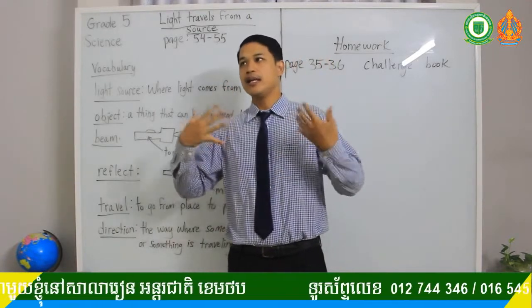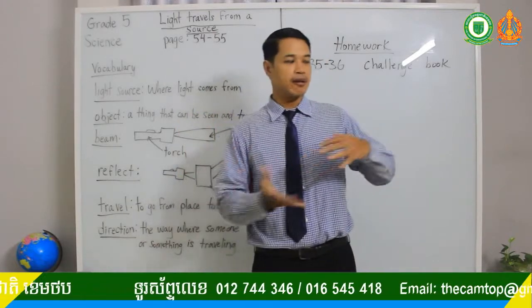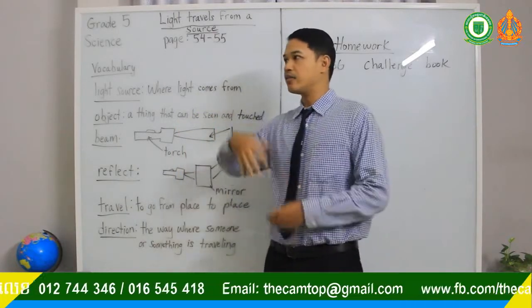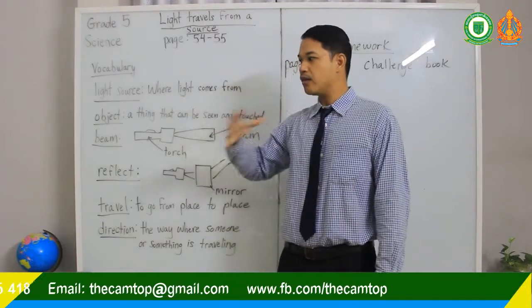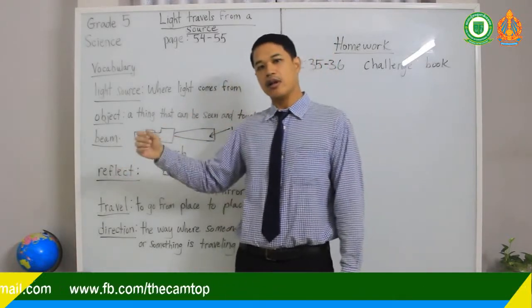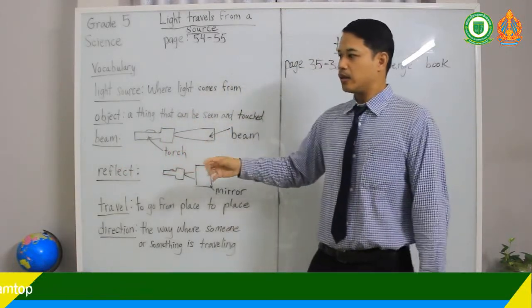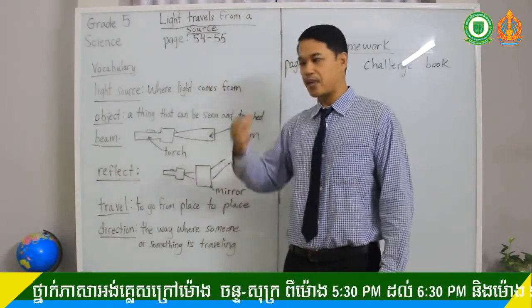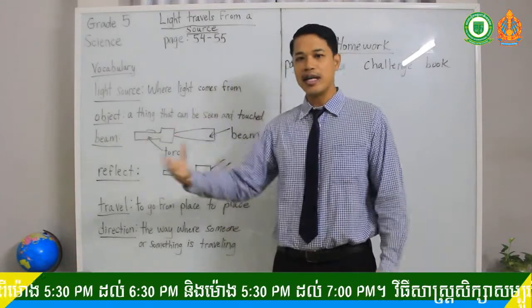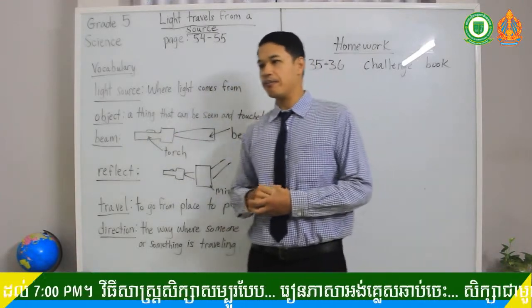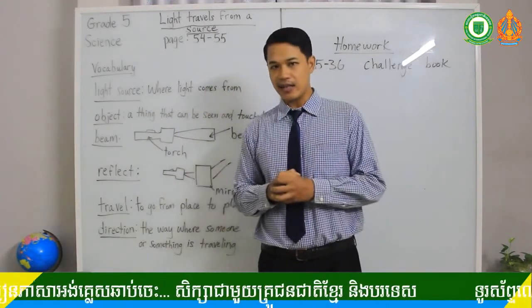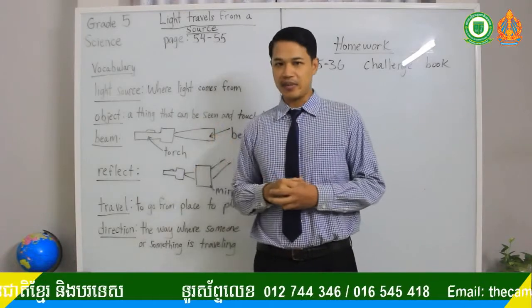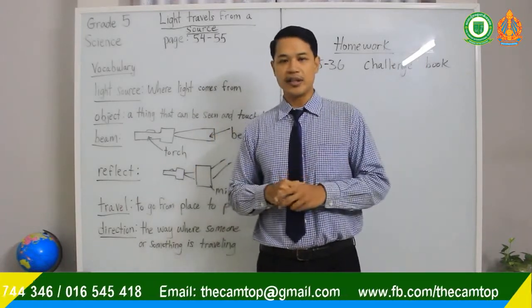Okay, so in the daytime, if we are outside, the sun's light bounces, reflects off the object, and it goes back into your eye. So that's how you are able to see everything around you in the daytime. Now, nighttime is different because the sun isn't there.